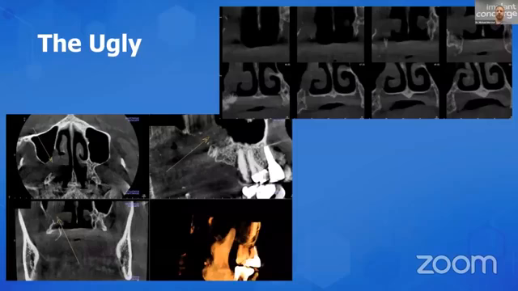Again, we don't see the soft tissue, but we are given enough information that we can get to a good differential diagnosis. And the big giveaway for this one is, as you can see, it's associated with the greater palatine canal. And so anything that's associated with usually nerves or blood supply, you're most likely going to get the lead towards being a malignancy.